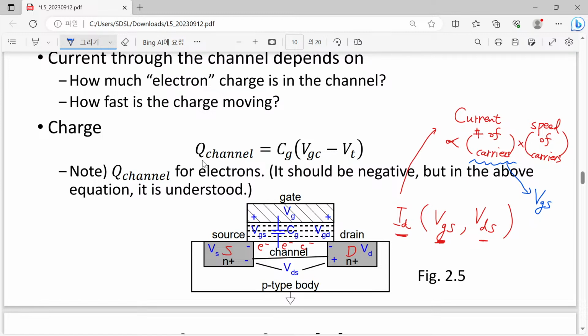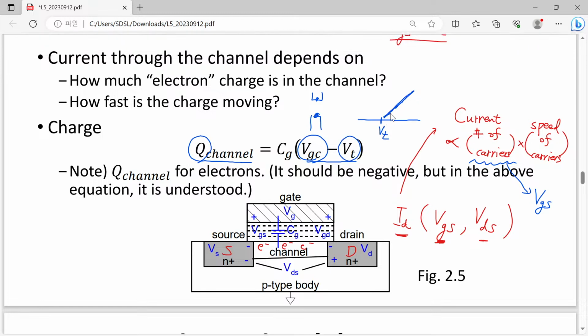The charge in the channel region is given by this form. It shows piecewise linear behavior. When we have a certain threshold voltage, and the voltage across the gate terminal and channel region is beyond the threshold voltage, then we have just a linear capacitor, given by this Cg.